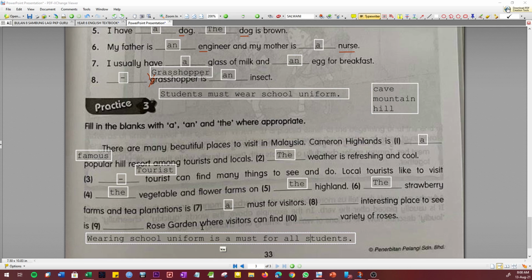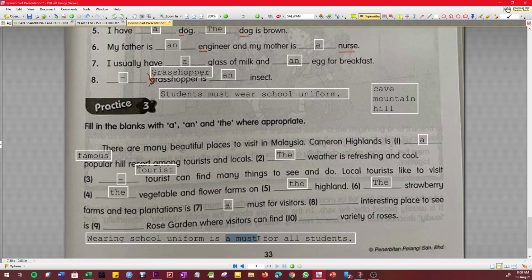So tapi takut kamu confuse, pening. Apa yang kamu kena ingat, a must. Okay, kita guna a must bila selepasnya ada for. A must for all students, a must for all teachers, a must for the monkeys, a must for the prefects.